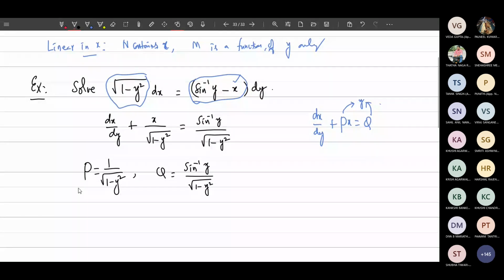Now if you compute e power integral p dy, that is the integrating factor, this is equal to e to the power of sin inverse y, because p is 1 upon under root 1 minus y square, and the integral of that is sin inverse y.